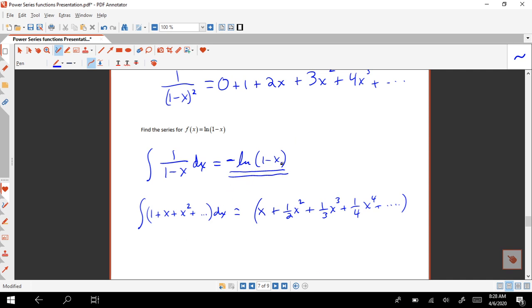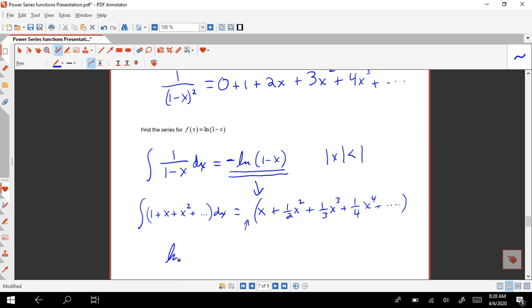So that means negative natural log has got to be equal to that, provided you're still within the same radius as the original. You're still within 1 unit of the origin. Don't forget we could put in a plus c for a constant and multiply through by our negative. And there we go.